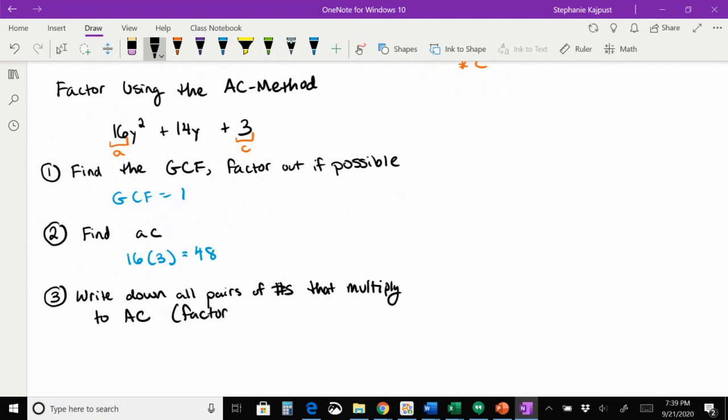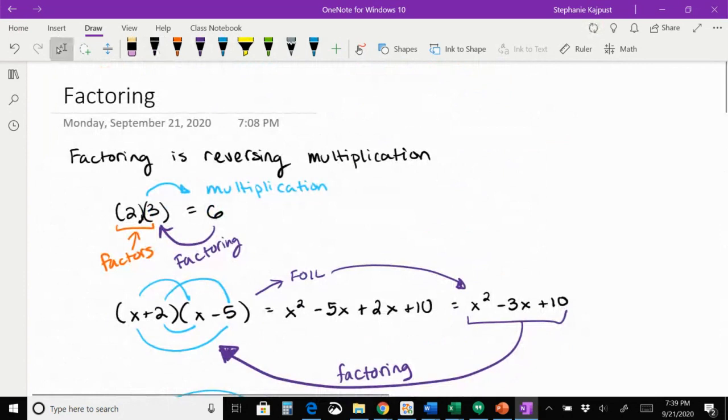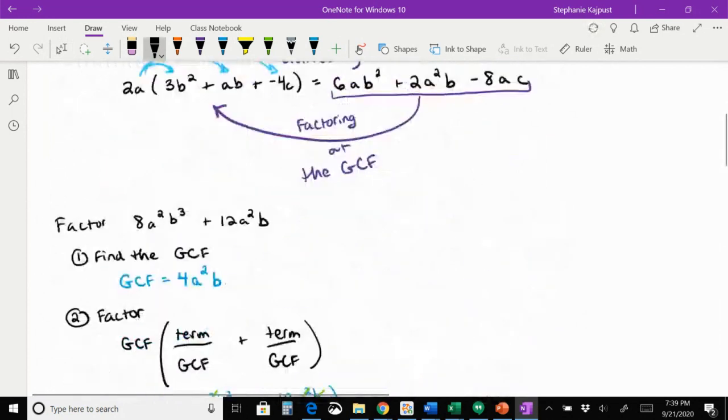We're writing down basically all of the factors. So this is going back to the very beginning here. 2 and 3 are factors of 6, but those aren't the only factors because 1 times 6 also gets me 6. So you're going to write down every possible combination that multiplies, and you're doing it specifically in pairs.